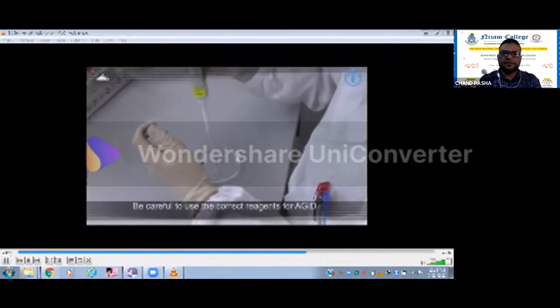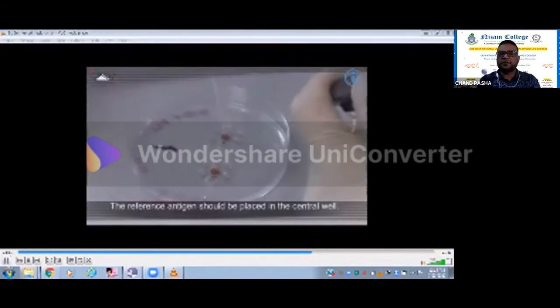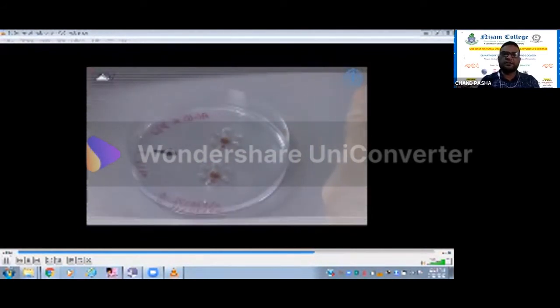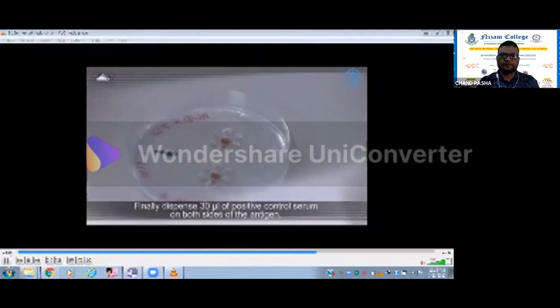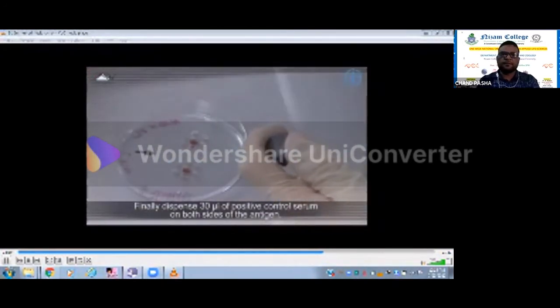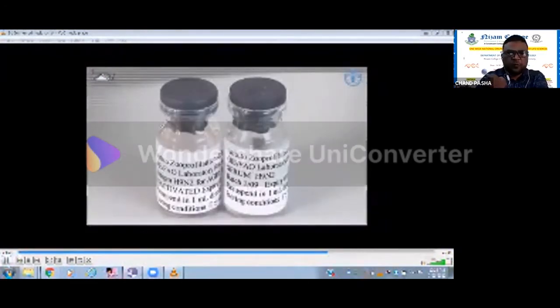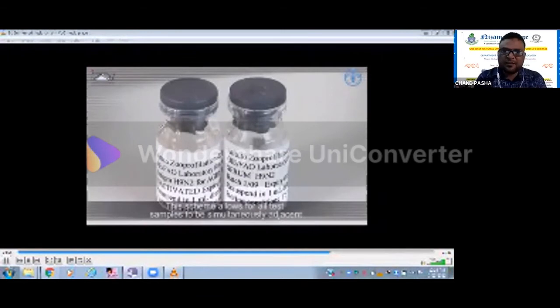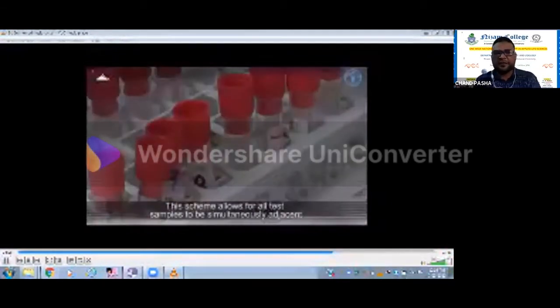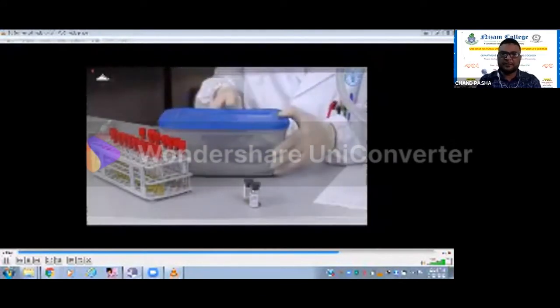Reference antigen means the positive control, and for the negative control you take normal saline or water, anything that is available. Here one is the mixture of antibodies, that is sera. One is the positive control, one is the negative control, and 2 test samples are there in this particular case.